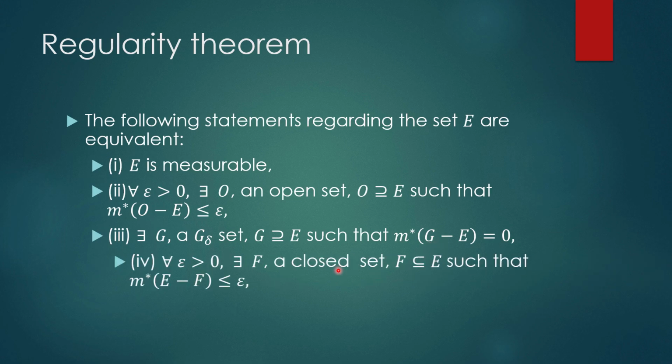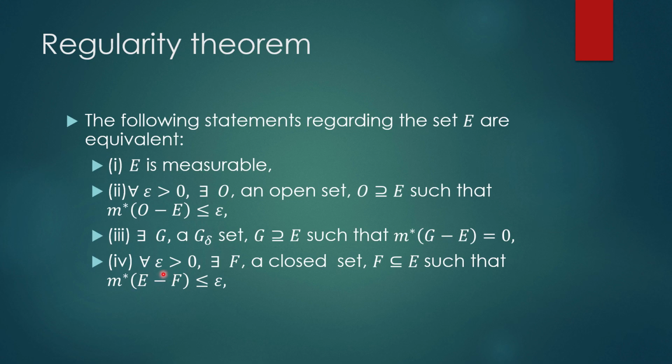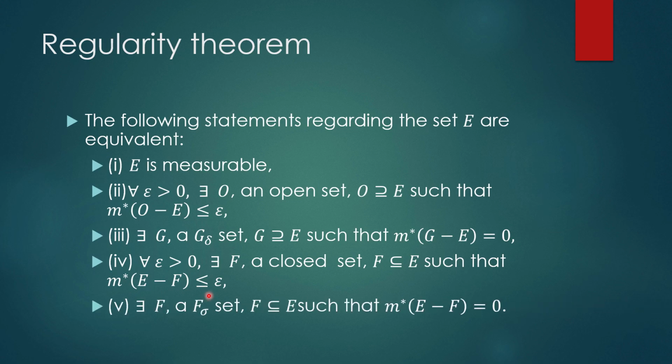Statement four: for all epsilon positive, there exists a closed set F contained in E such that the outer measure of E difference F is less than or equal to epsilon. Statement five: there exists an F sigma set F that is a subset of E such that the outer measure of E difference F is exactly equal to 0.